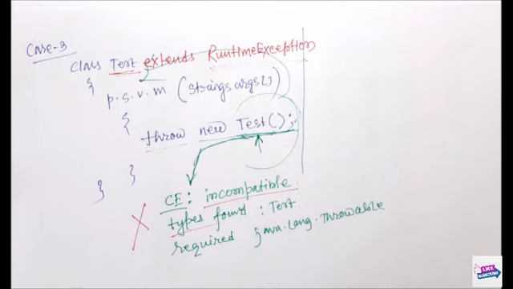Then we discussed cases 1, 2, 3, where we get a clear idea about when we use the throw keyword and what the exception would be. And we have seen that the throw keyword should be the last statement, otherwise if there is any statement after that, the compiler will give an unreachable statement error.